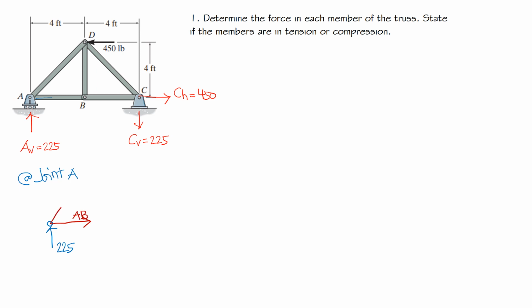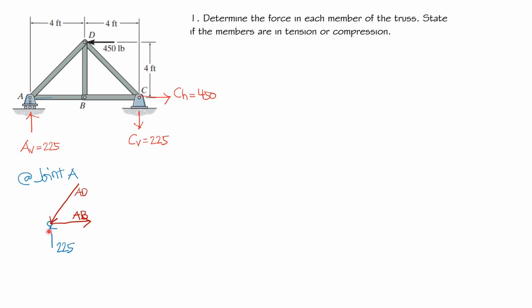Then we also have member AD, assuming that it's moving towards point A. Why did we assume that it's moving towards point A? For principles of equilibrium, if this is going up, the force above should be going down to attain balance.